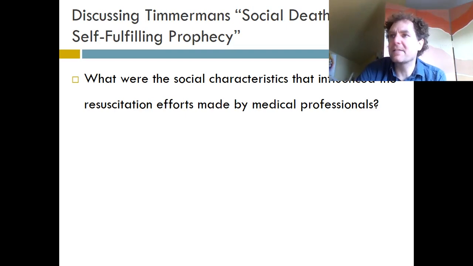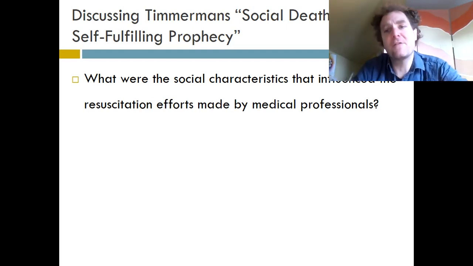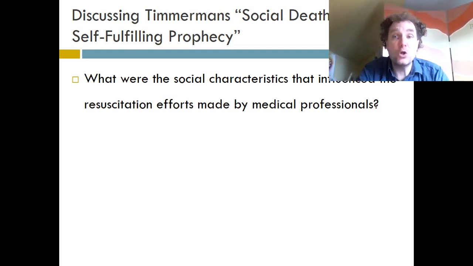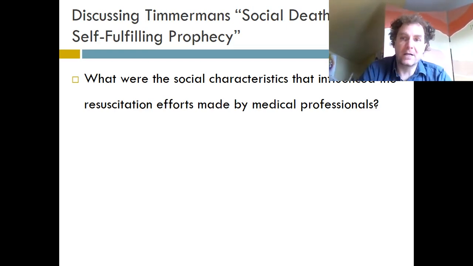And so he really summed this up in terms of this idea of social viability. That if a person is viewed as more important or more viable for society, then the medical personnel were more likely to give a wholehearted attempt to save their life.